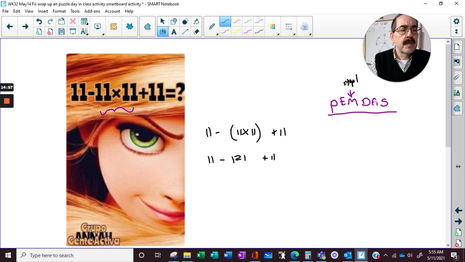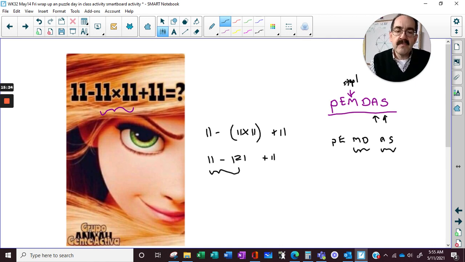Now, division, addition, subtraction. Now, some of you have been taught, first you do the addition, then you do the subtraction. Then there's these pairs, right? PEMDAS: if they're side by side, you go from left to right. Some of you learned that, some of you haven't. I don't think it matters.